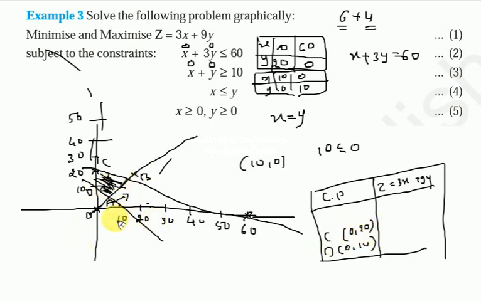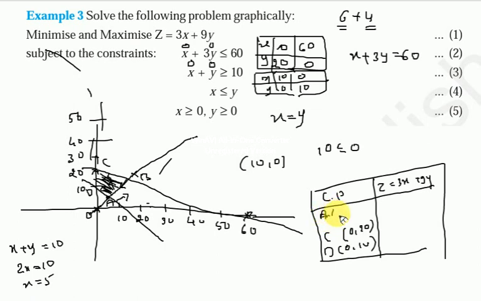But this A and B, can be easily identified using graphs. But here I do not have graph sheets. Therefore, I am taking this point as the point of intersection of x plus y is equals to 10 and x is equals to y. If x is equals to y, 2x will be 10.